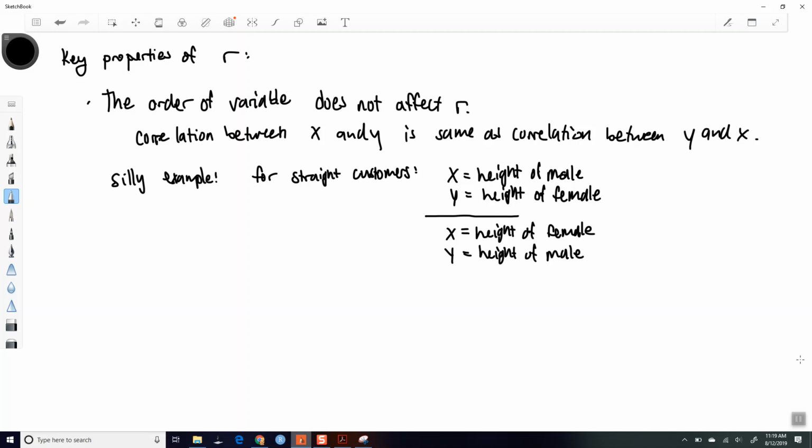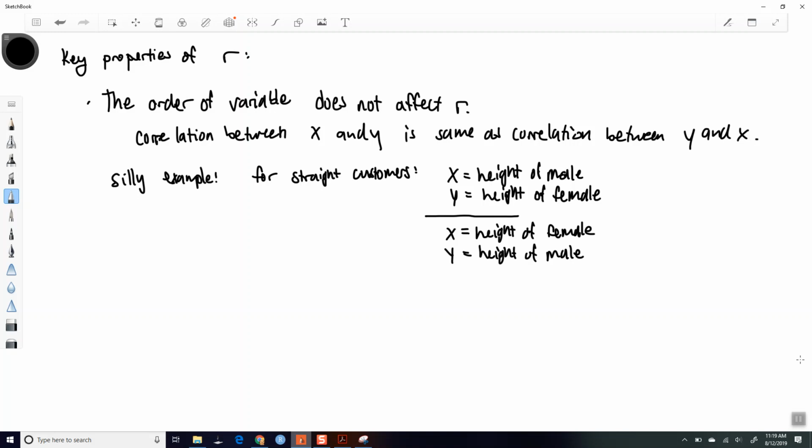Okay, so nobody's shouting out any answers, which is fine. But a lot of times when I pose the first question, if we know the height of the male, can we predict anything about the height of the female? The general trend is probably like, nah, not really, okay? But then if I flip it around and ask if we know the height of the female, can we predict something about the height of the male? Then suddenly people start to say, oh, well, maybe, and start nodding their heads, okay?